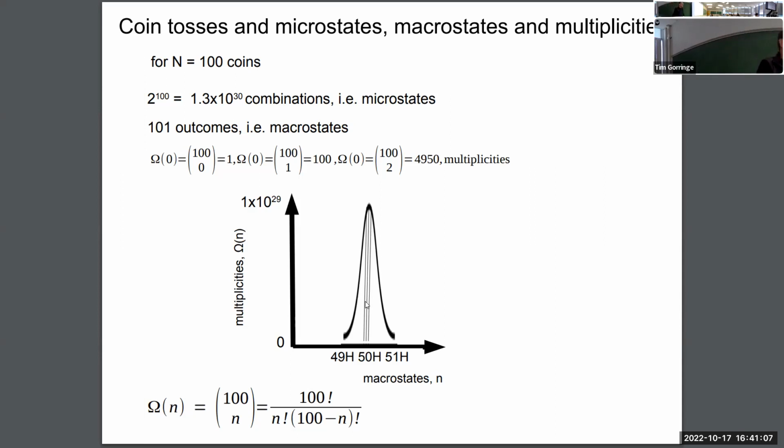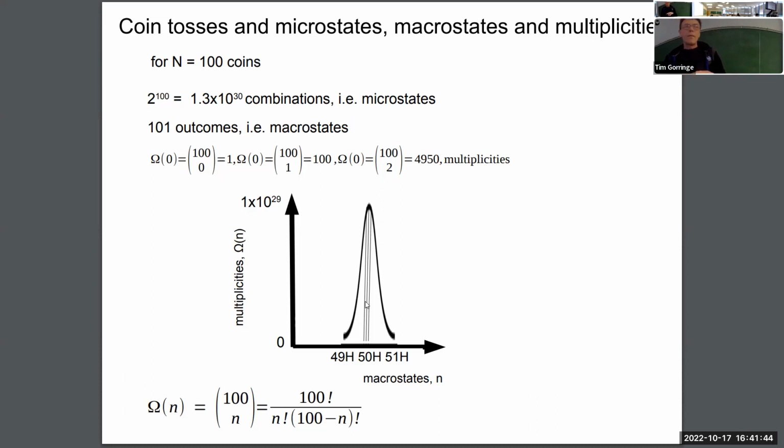If you were to throw more coins, maybe Avogadro's number of coins, then you can see the pattern. You'd have an extremely sharp peak for getting half of Avogadro's number of coins being tails and half being heads. And the chance of getting all heads or all tails would be essentially nothing.